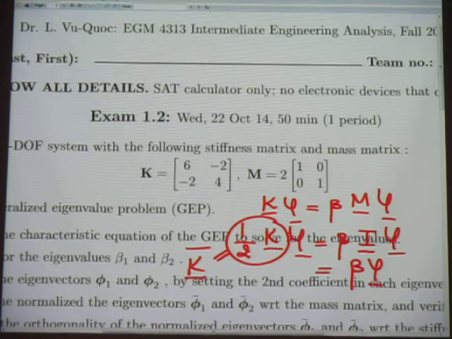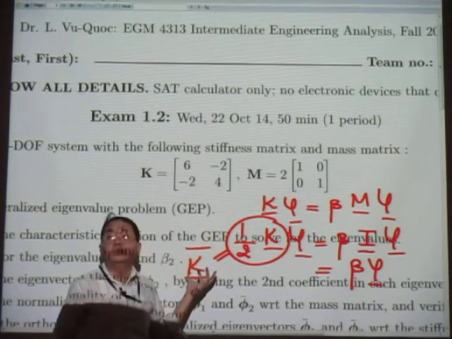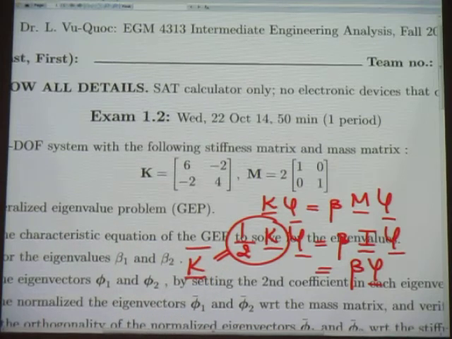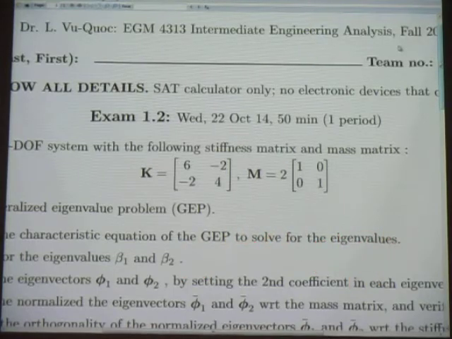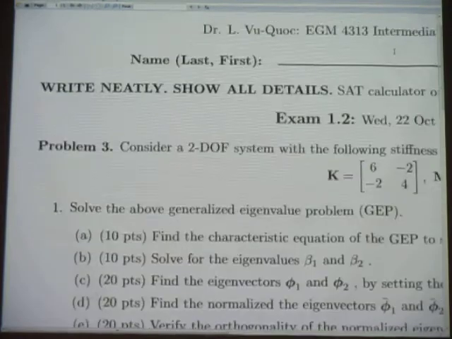And so this is the standard eigenvalue problem for K bar, the new stiffness matrix. So that is no big deal then. So essentially, Brendan remembered the definition of the standard eigenvalue problem, and that is really what is expected. What is the standard eigenvalue problem? Okay.